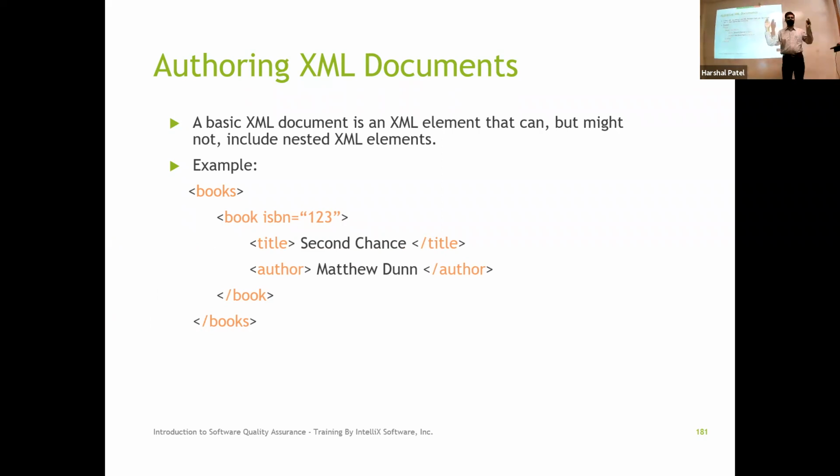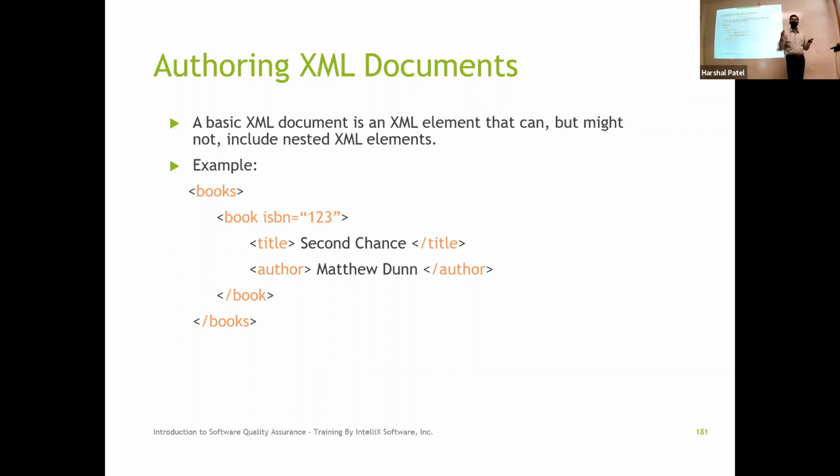So think of it, if I'm trying to represent a bookshelf which has 10 books, here's the first book. And here is my property, right? Every book has an ISBN number, and the value for this book's ISBN is this. What is the title and who is the author?